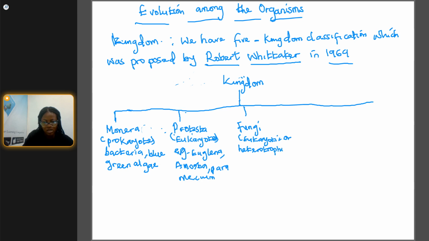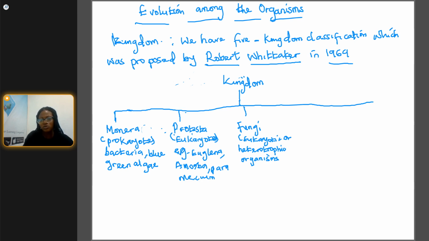Now I'm going to break down heterotrophic organisms for you, and by the time I explain, you'll be able to give me examples of organisms under fungi. Okay, I already explained the eukaryotes, that they have a nucleus, they have well-defined components. So I said fungi can either be eukaryotic or heterotrophic organisms.